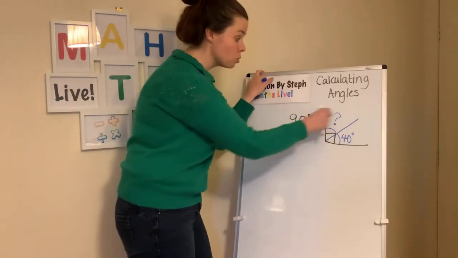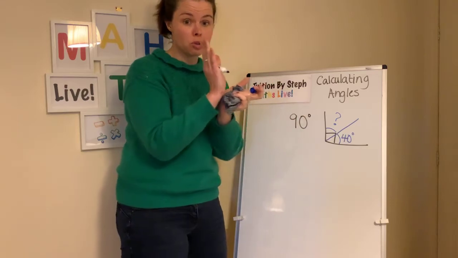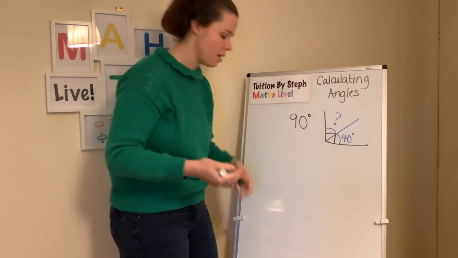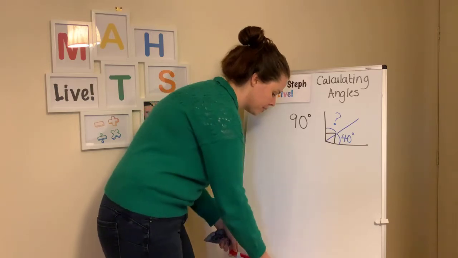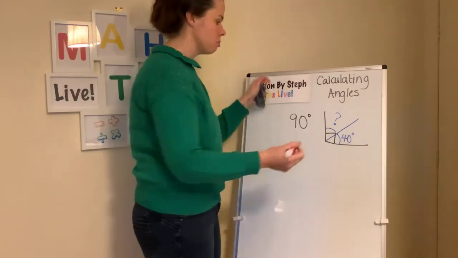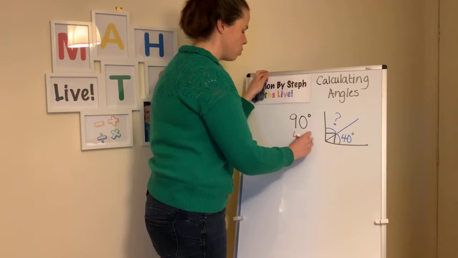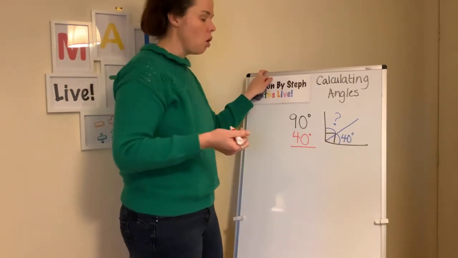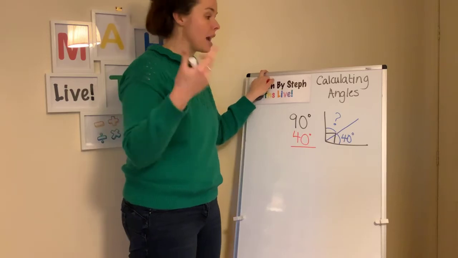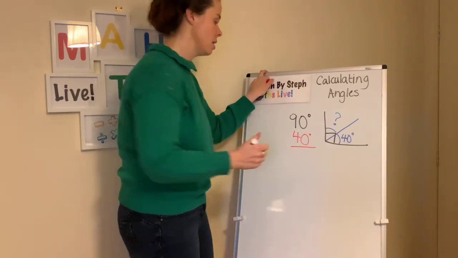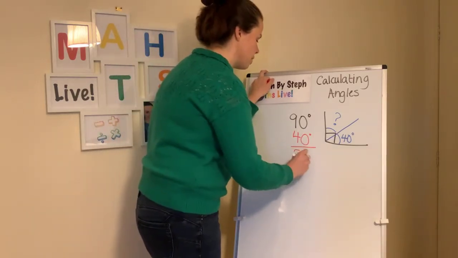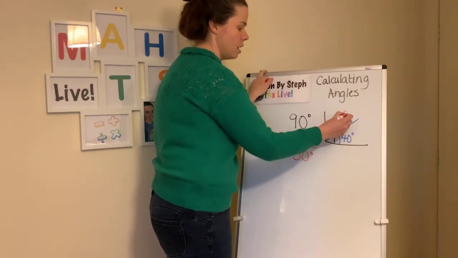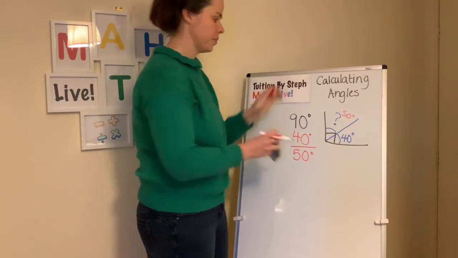Because remember, our total needs to be 90 because we know the structure of a right angle is 90 degrees. You could do 90 take away 40. You might need to do column method at some point during today's lesson, or you could do it mentally, or you could count up from 40 to 90. But you should get the answer of 50 degrees. So this angle here is 50 degrees.